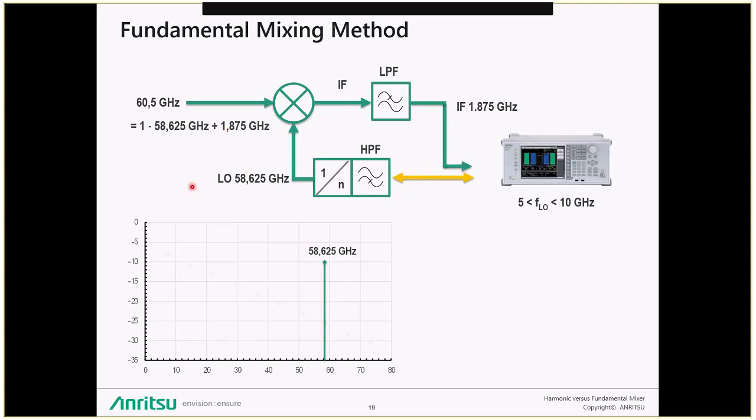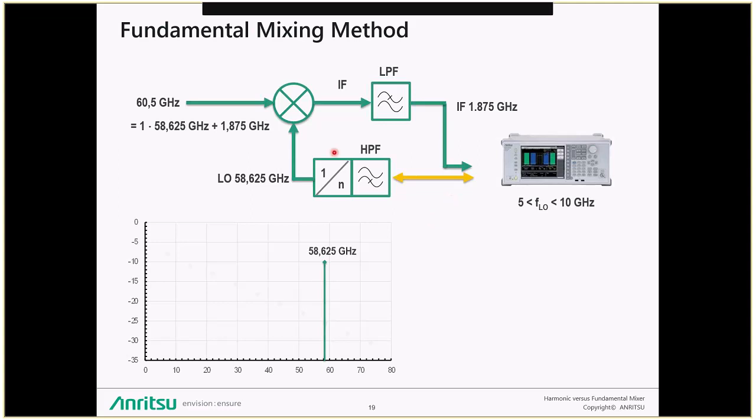That means that the local oscillator frequency that combined with the RF signal will give us the appropriate IF, the 1.875 GHz. So the local oscillator signal will be 58.625 GHz.